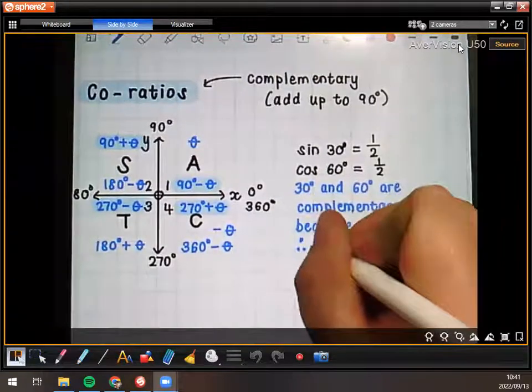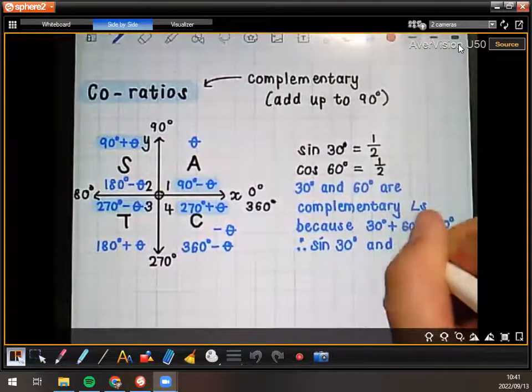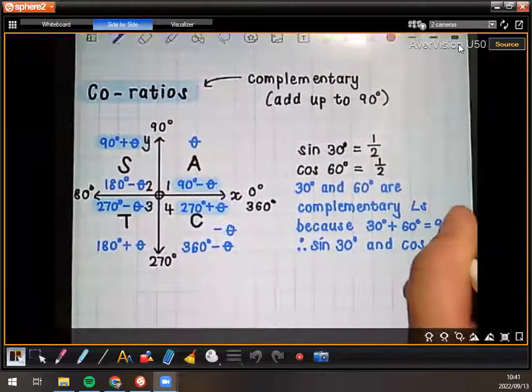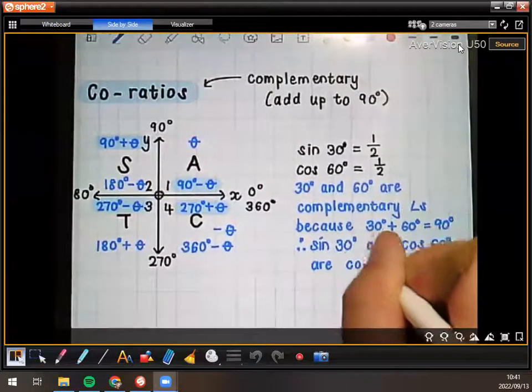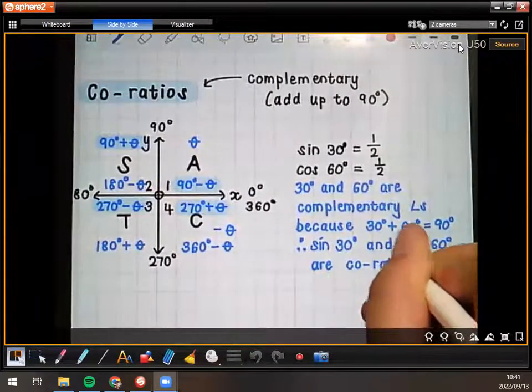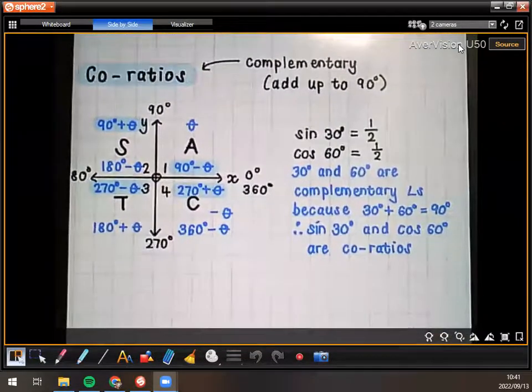But just for now, we'll say sine 30 and cos 60 are correlation. They're equal to the same values, and the two angles add up to 90.